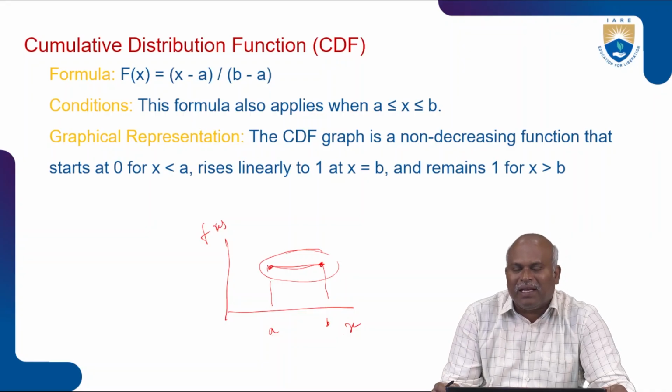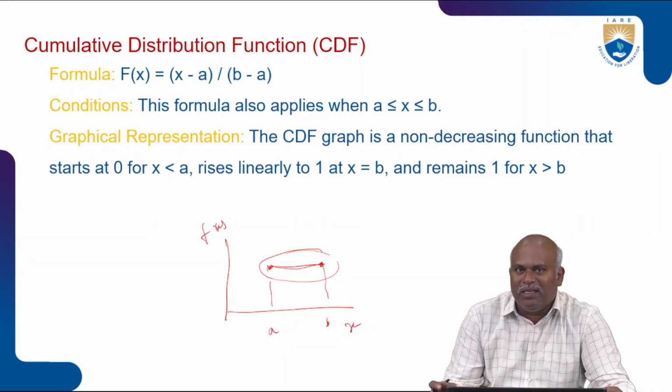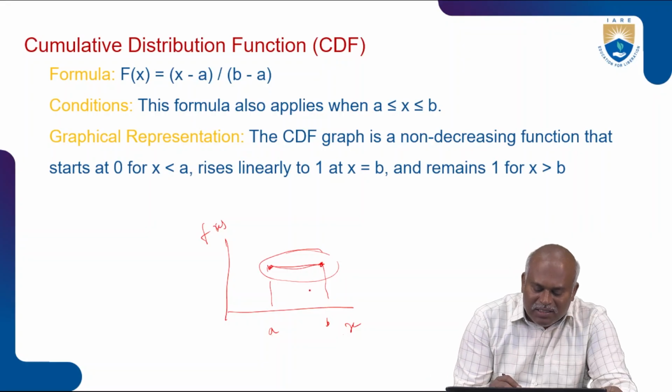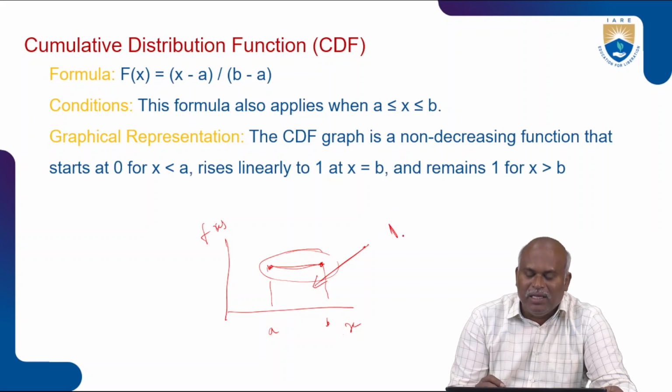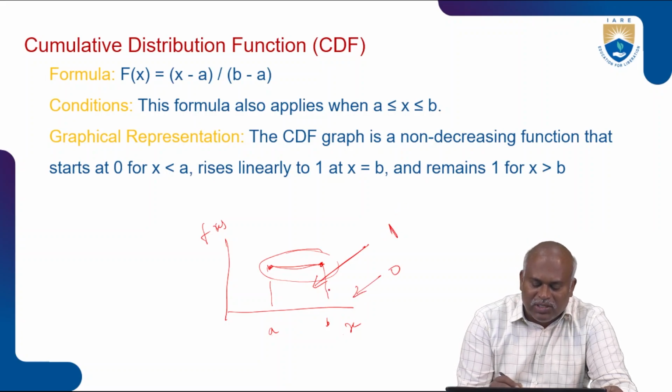We write the graphical representation of the cumulative distribution, and the total probability in between a and b of the uniform distribution is equal to 1. The remaining portion is equal to 0.